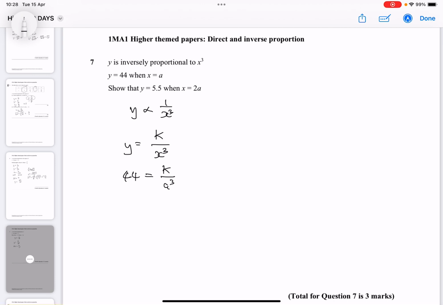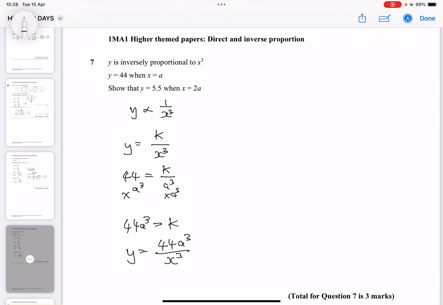What I would do is times by a cubed on both sides, so k equals 44a cubed. So y equals 44a cubed over x cubed, okay?